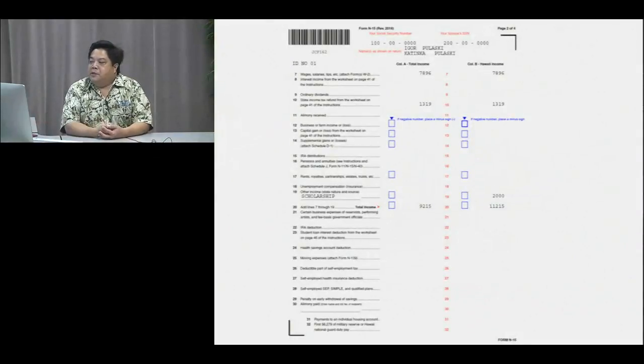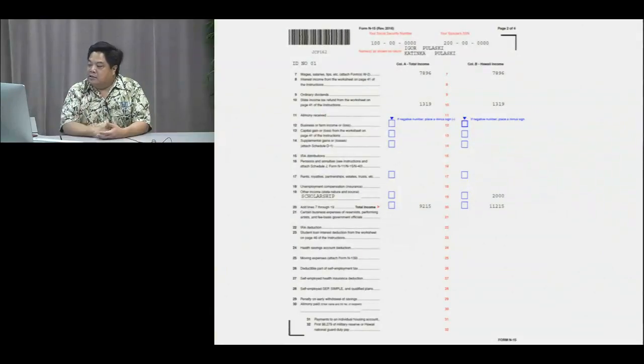And if you remember the W-2 7896, column A is total income. Column B is Hawaii income. Assuming total income is from Hawaii, then column B is the same as column A. And 1319 is the tax refund. He had a tax refund. No, that was the scholarship, I think. It's in, and you need to add it back.